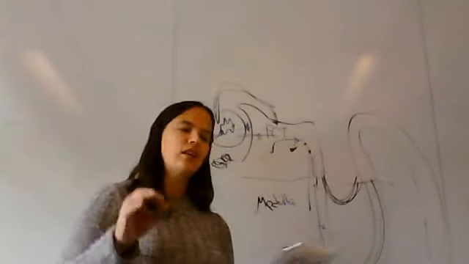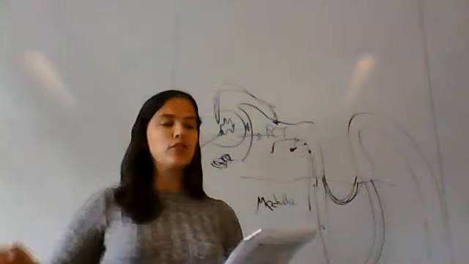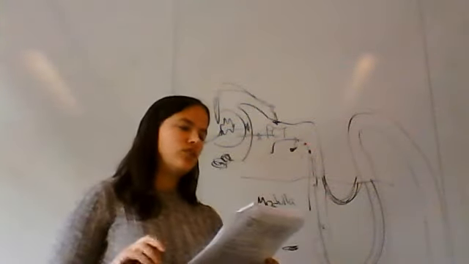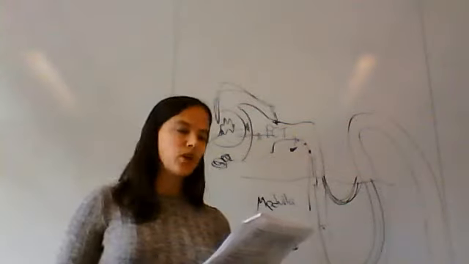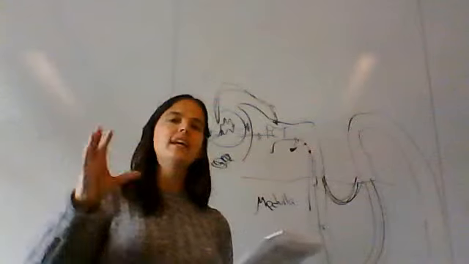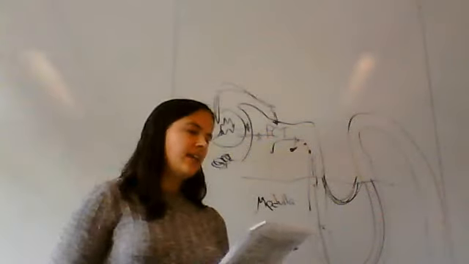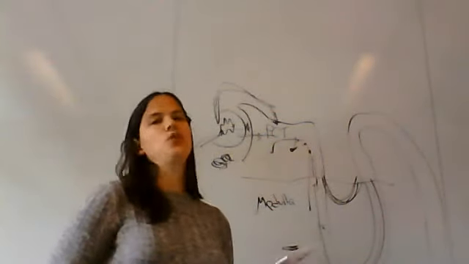When dehydration is severe, you're going to have low blood pressure. And this is going to cause you to have a more concentrated urine. When you're dehydrated, your urine is more concentrated because your body is trying to keep hold of all the water that it can. ADH plays a huge role in that.